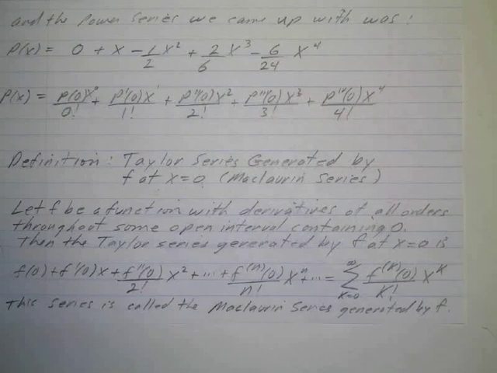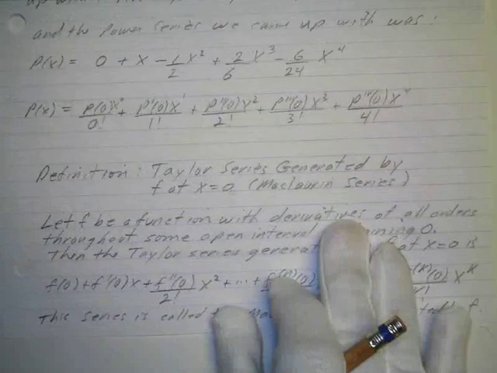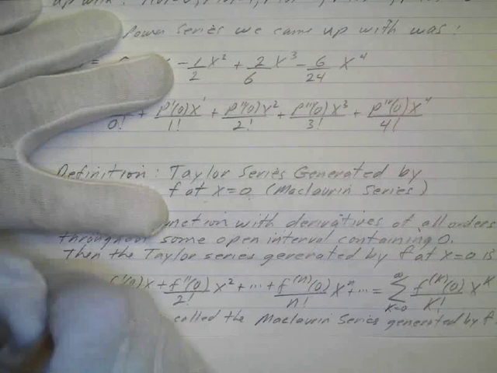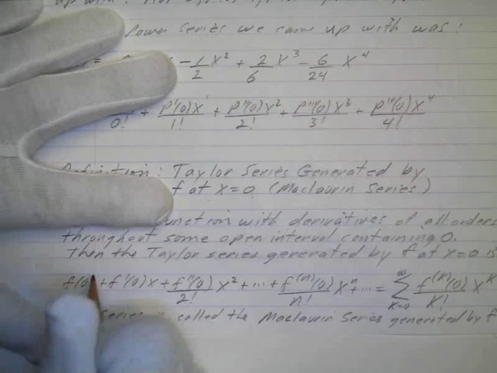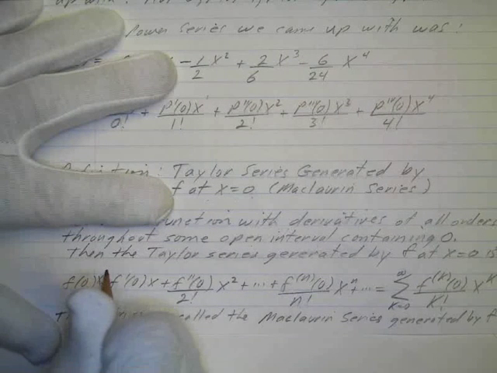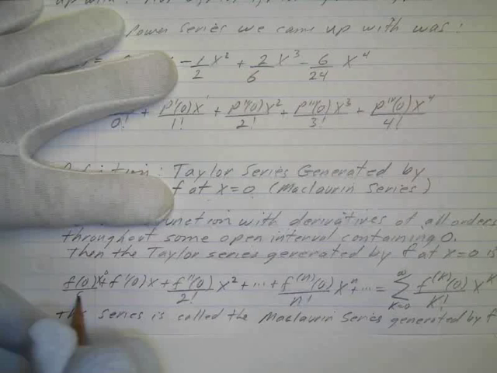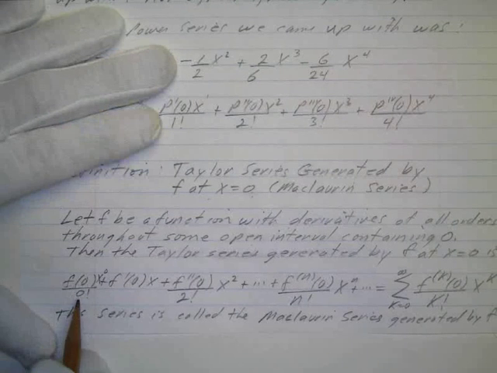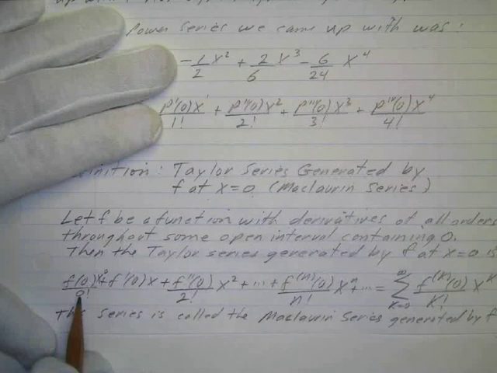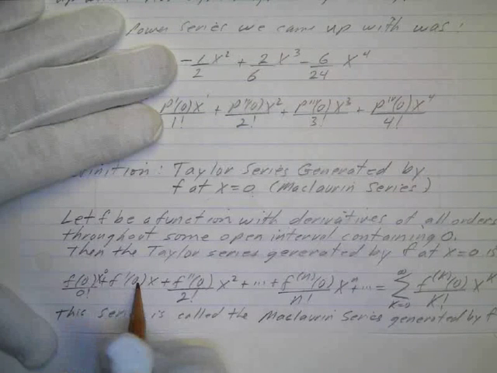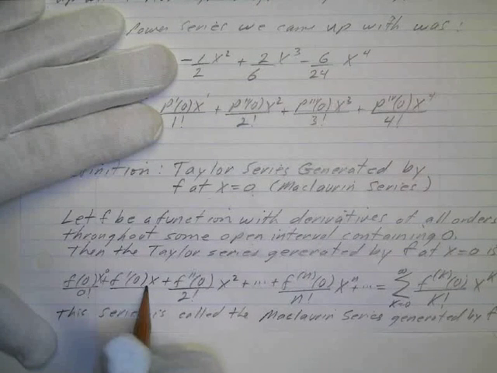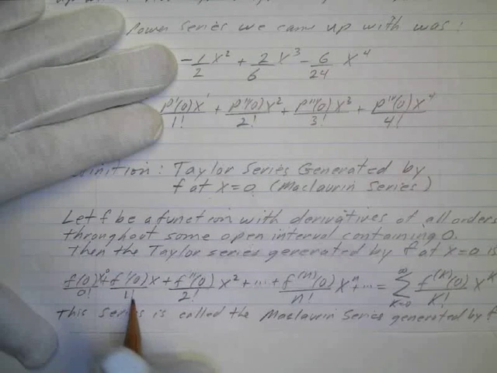Now, actually, if you really want to do it right, f of 0 times x to the 0 over 0 factorial, and this would be f prime of 0 over 1 factorial.